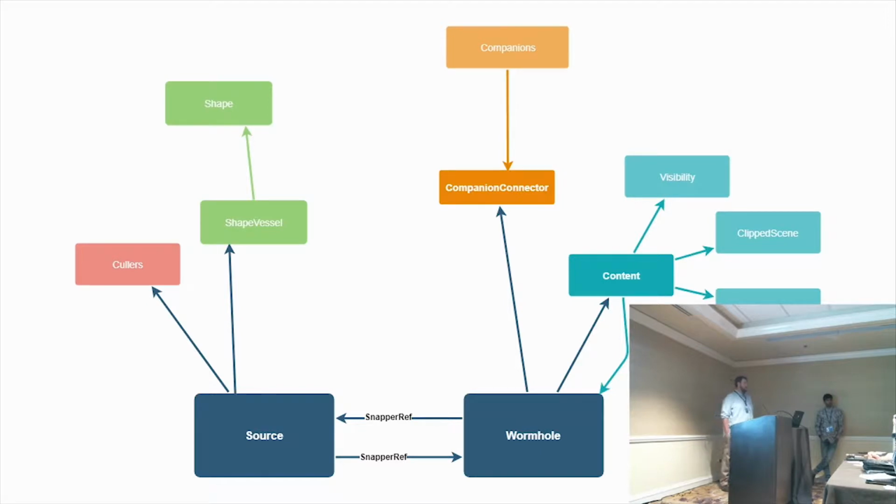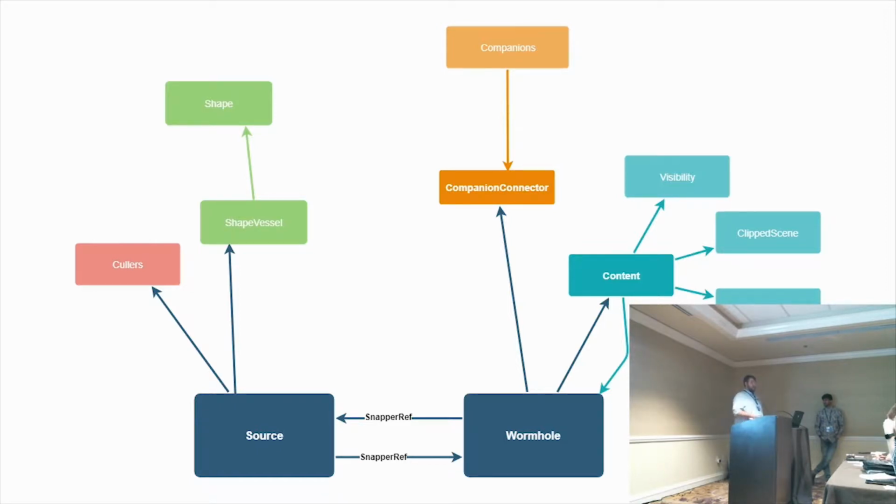It also holds colors, which the wormhole uses to retrieve the contents. In the wormhole you can see we have a content class, which holds the visibility settings, but also clipped scene and unclipped scene. We'll come back to that a bit later.